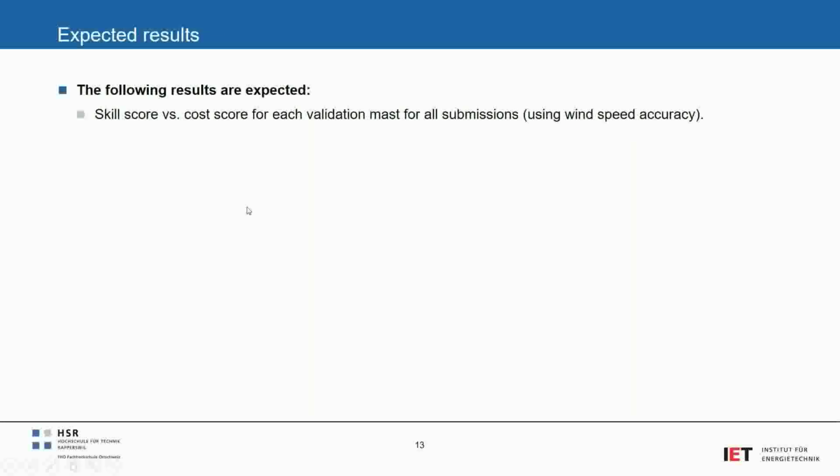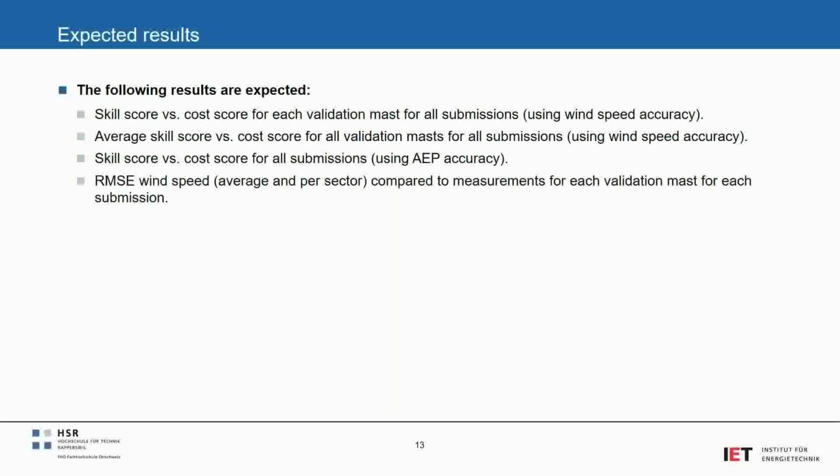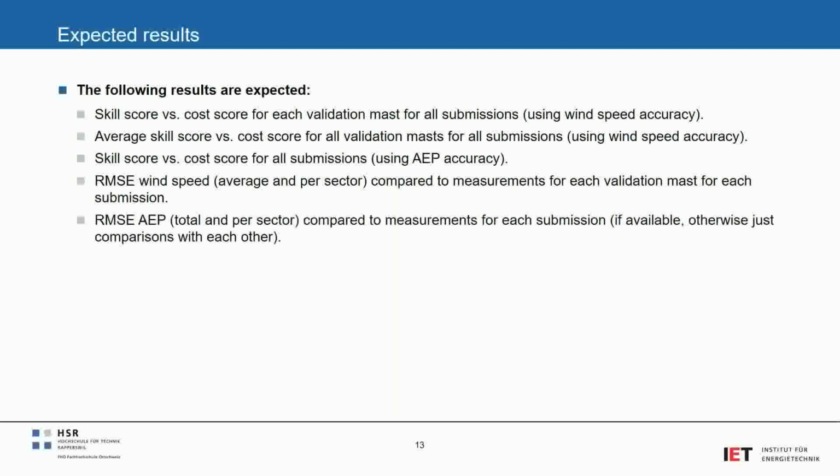For the results, we expect a skill against cost for each validation mast. We want to make an average of that for all the masts. We want to have a skill against cost for the energy calculation. We then have the RMSE wind speed compared to measurements for each mast. We have the annual energy production compared to measurements if possible, and if not possible, just compared to each other.